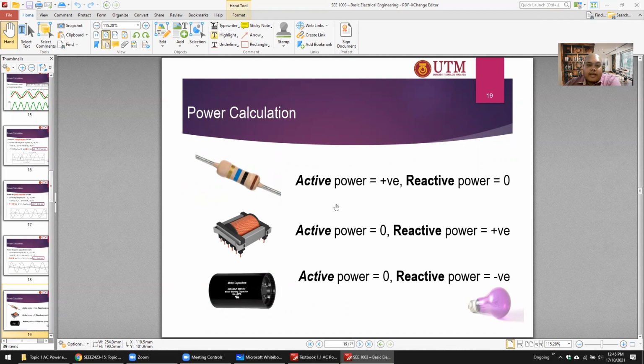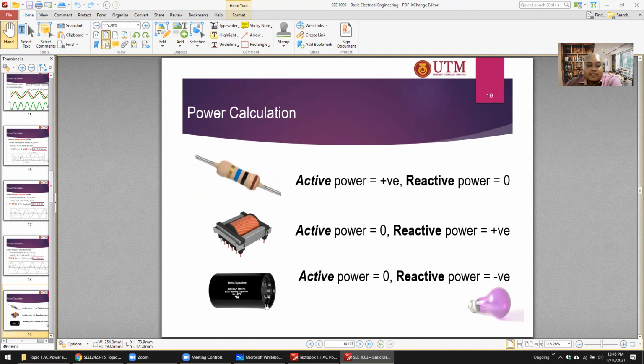Reactive or active power. Active power, or real power, or average power, is positive for a resistor, and reactive power is 0. For the inductor, this is the figure of the inductor. You can see here, the real power or average power is 0, and reactive power is positive.